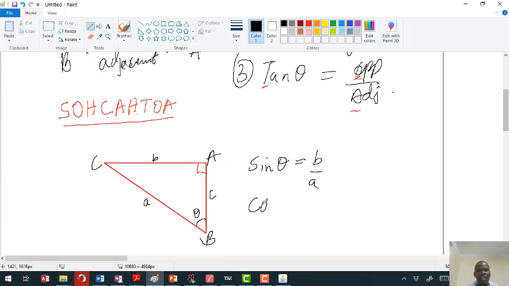Next one is cosine theta. Cosine theta is adjacent over hypotenuse. The adjacent is C, so C over A. And then tan theta is equal to opposite, which is B, all over C. Okay, good.